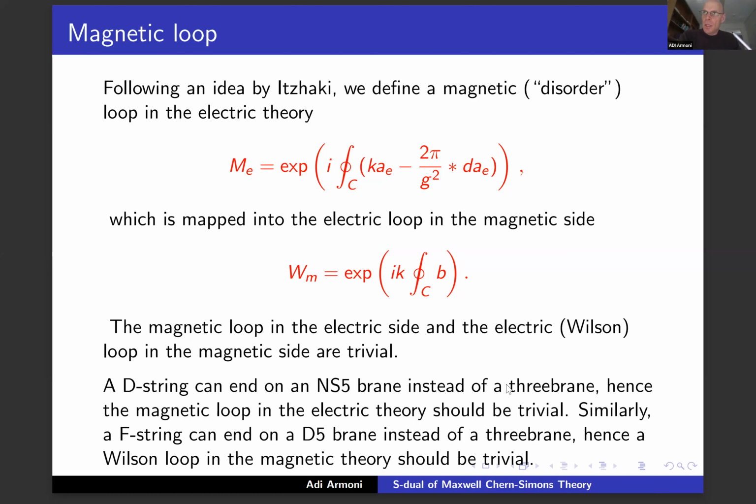If you take it to the Kth power, it becomes a singlet. It is really a trivial operator. So again, the magnetic side is useful. Itzhaki managed to show it also in the electric side. He showed that this object is trivial.